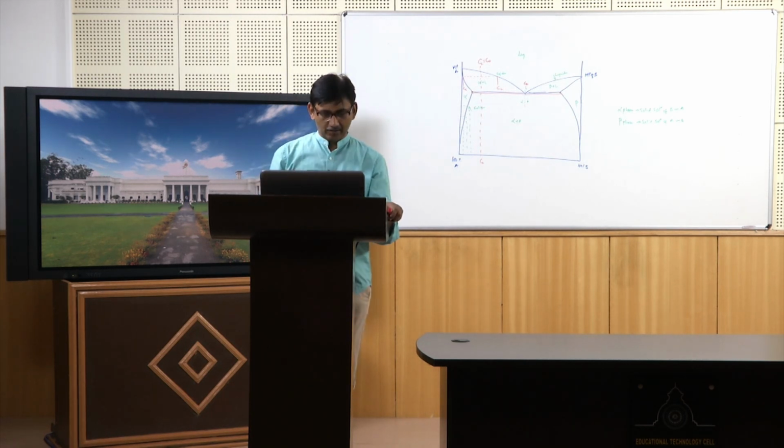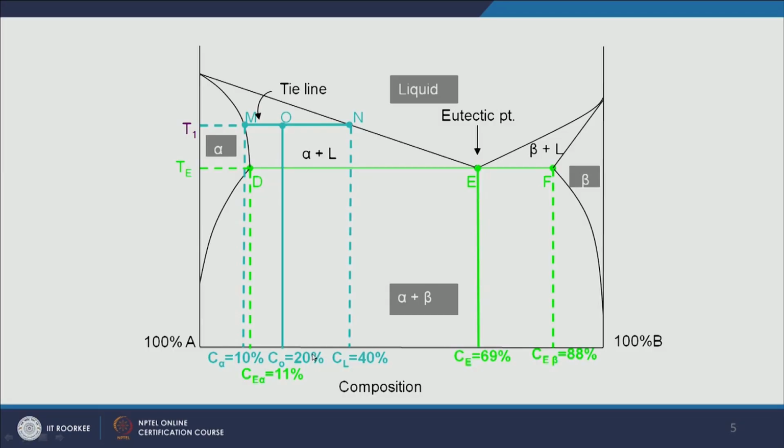Again, in more ways the same information is shown, in terms of percentage here now. For example, you have an overall composition C naught of 20%, given by the point O. In the 2 phase region, if I want to find the composition of alpha, that will be given by C alpha, for example here 10%.